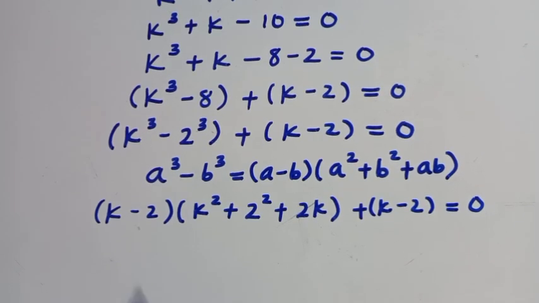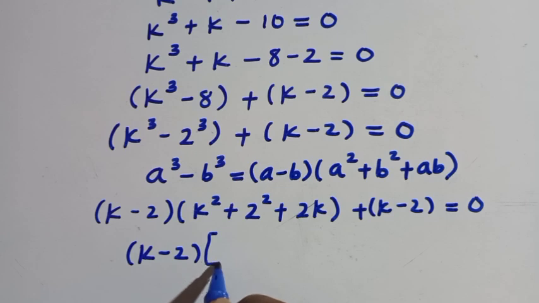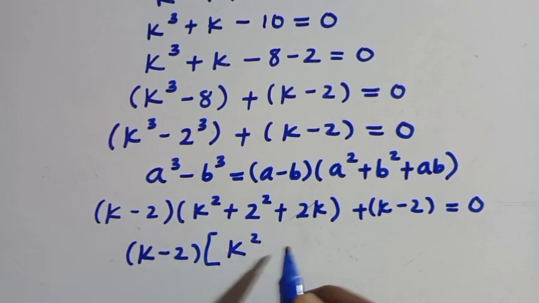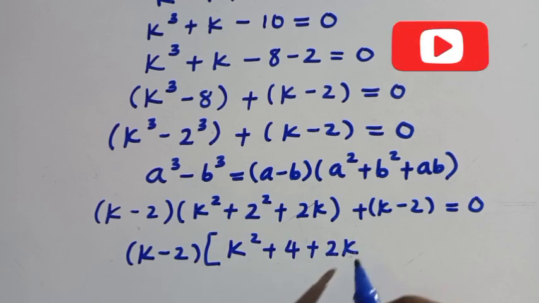So next we have, here is k minus 2 and here is also k minus 2. They are common. By factoring it out, we have k minus 2, multiplied by, when we divide this one by k minus 2, we have k squared plus, so 2 squared here is 4, plus 2k.